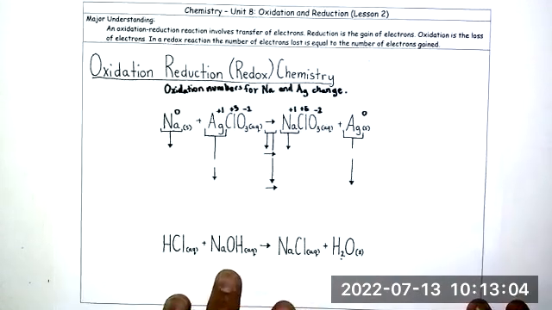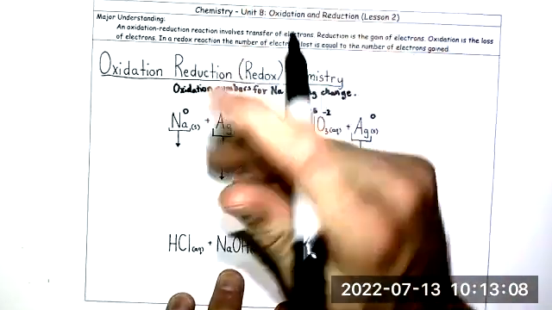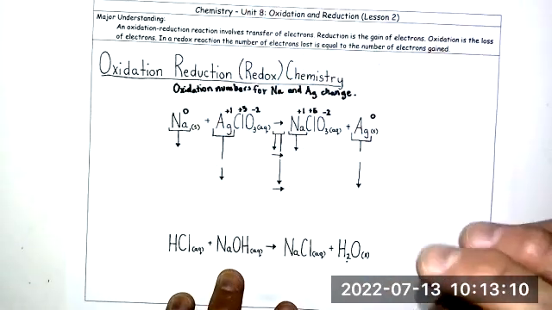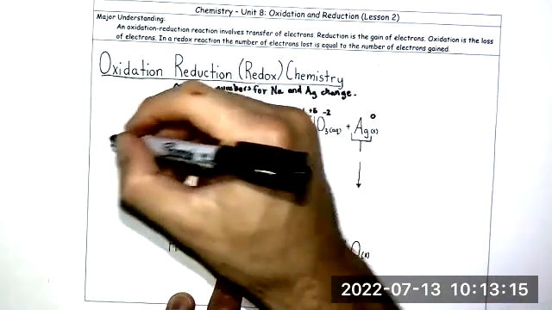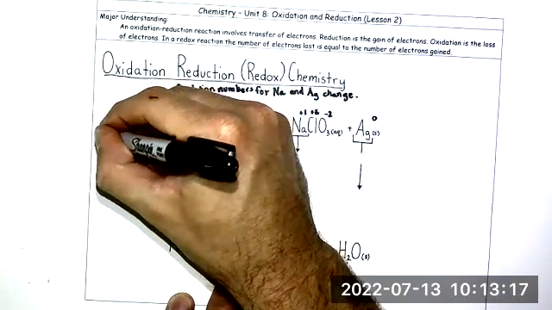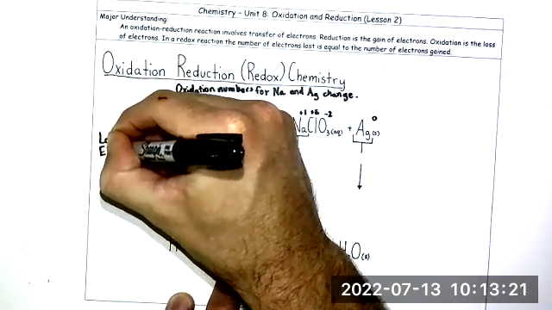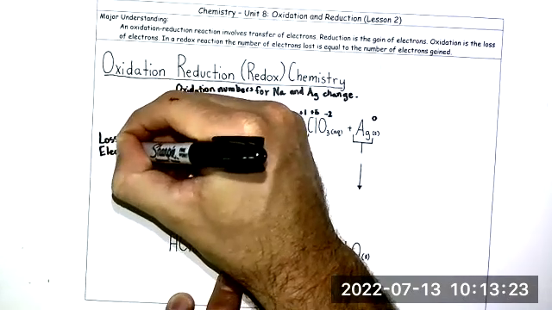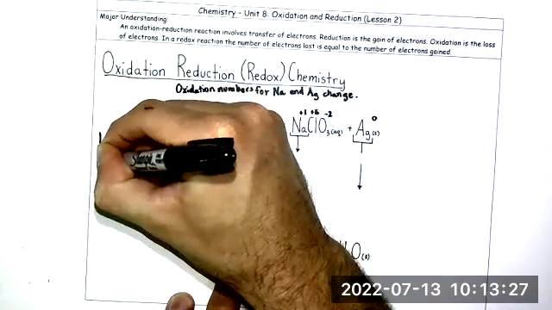Okay. So we're first going to start off with our substance or our atom that's losing electrons. Okay, and so loss of electrons is oxidation.